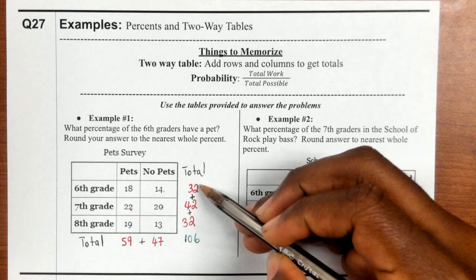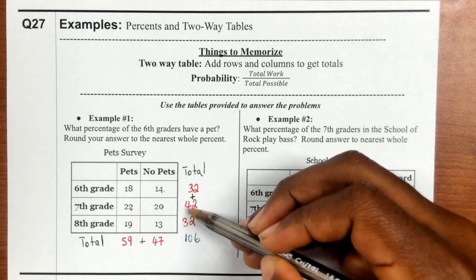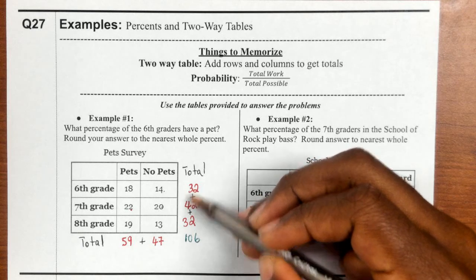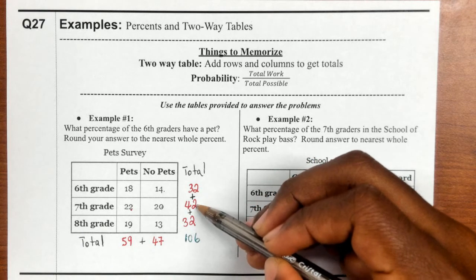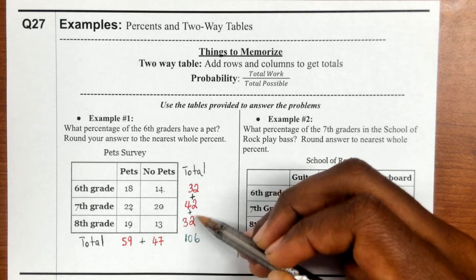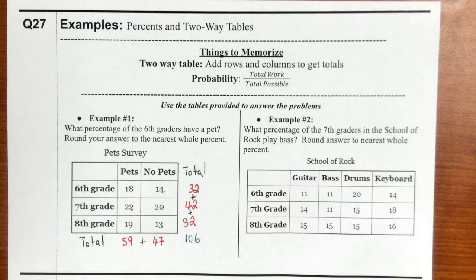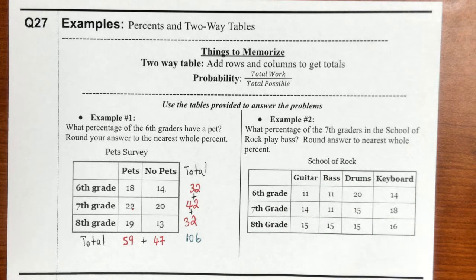And that should be the same thing that we get here. 32 plus 42 is indeed 74. 74 plus 32 is 106. So now our table is completed.